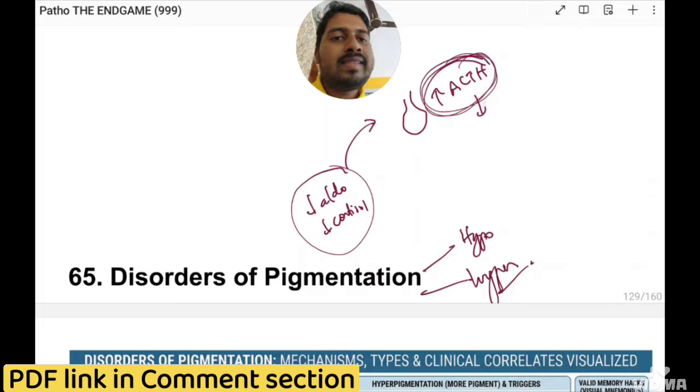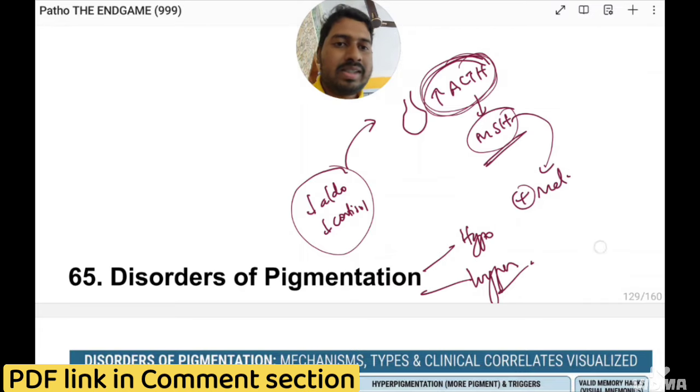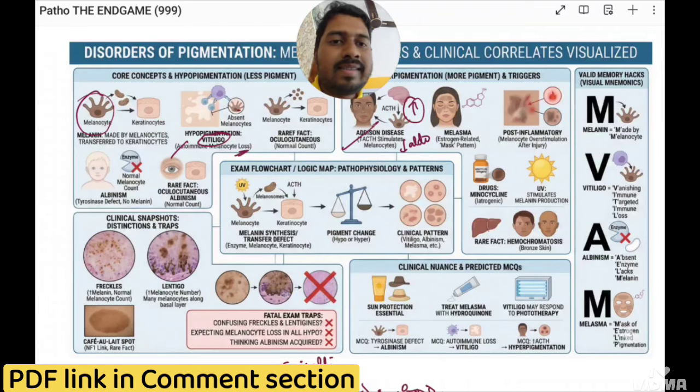This ACTH is similar to MSH, melanocyte stimulating hormone, and stimulates melanocytes. That's why there is hyperpigmentation in Addison's disease.